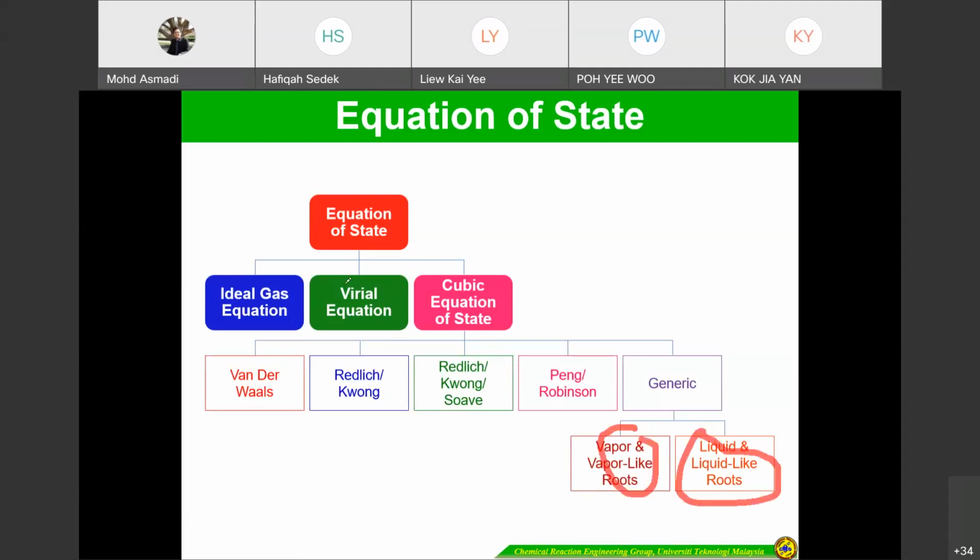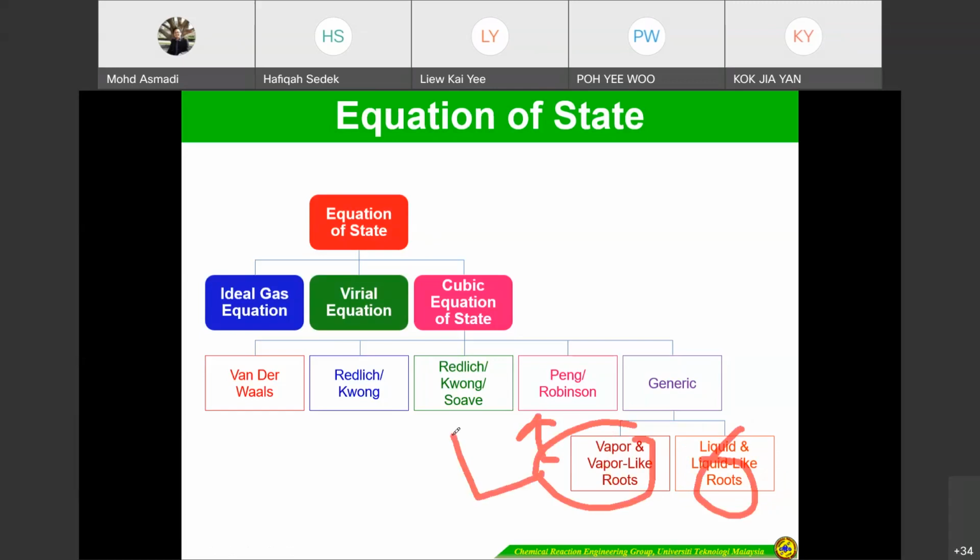Of course, before you use this equation, you have to know the phase of the system, whether liquid, gas, or liquid and vapor. So bila you guna ni, you kena ada information daripada sini. And you have to do the iteration.